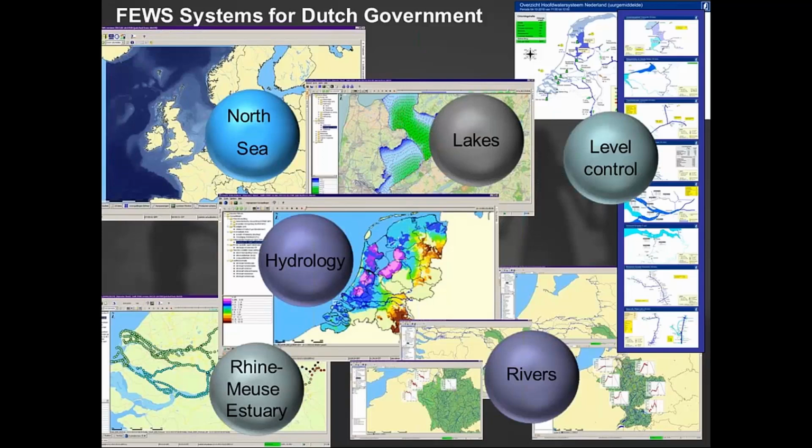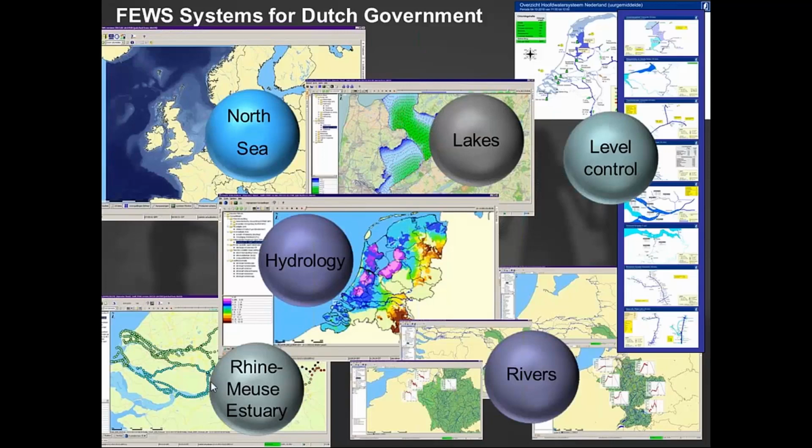We also have the ensemble forecasting, as well as the data assimilation module to do the error correction, therefore improving the forecast. We also have the lake system, which forecasts similar parameters in 2 lakes, Lake IJssel and Lake Marker, in the north part of the Netherlands.